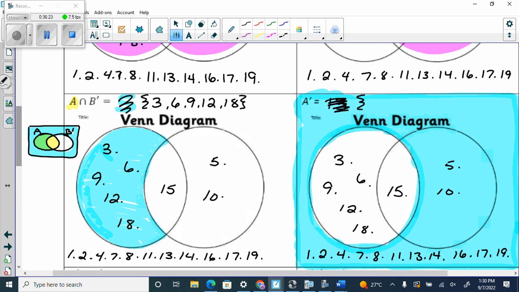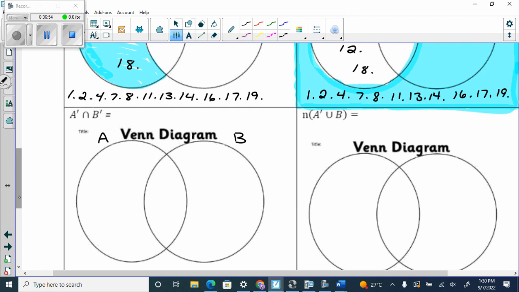It doesn't have an N. So it should be 1, 2, 4, 5, 7, 8, 10, 11, 13, 14, 16, 17, 19, because it doesn't have the N, right? It wants you to state what the things are. That's my oopsie. So you actually have to state the numbers.